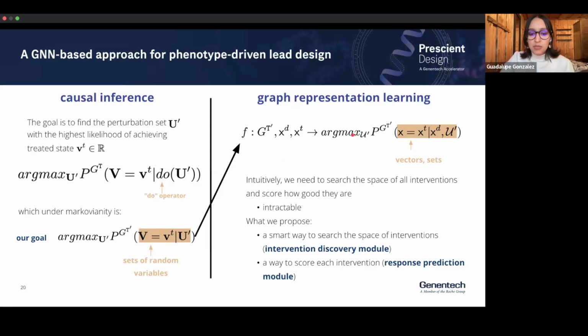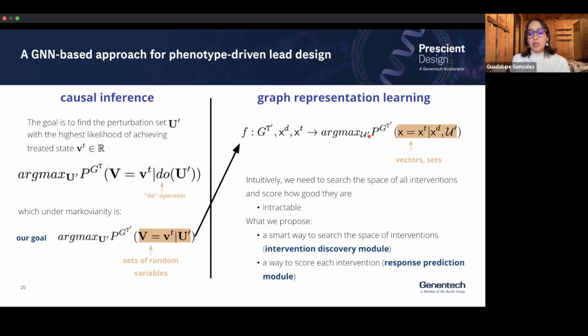So given this goal, which is the U prime that maximizes this probability, intuitively, we would need to search the space of all interventions, U prime, where U prime here is the unknown, and then score how good they are, meaning this probability.